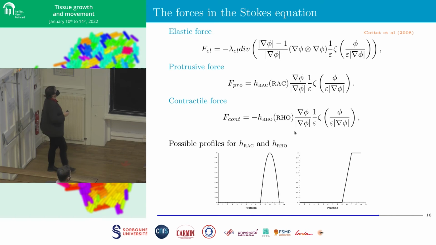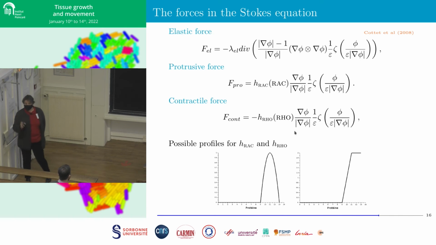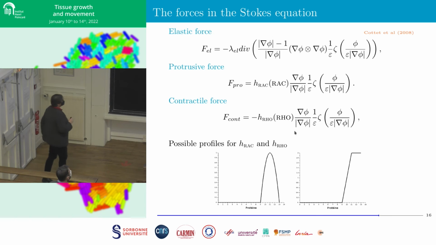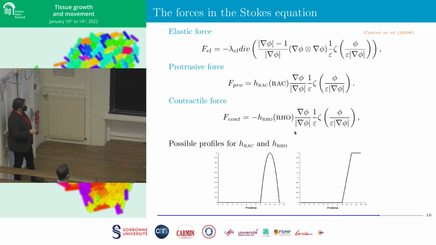Protrusive forces and contractile forces are also located in the neighborhood of the membrane, and they're both oriented with the normal of the membrane. The normal of the membrane is gradient phi over the norm of gradient phi. And the intensity of the force depends on the presence of the protein rac at the front and rho at the back, with different types of shape that can already be found in the paper of Edelstein et al.